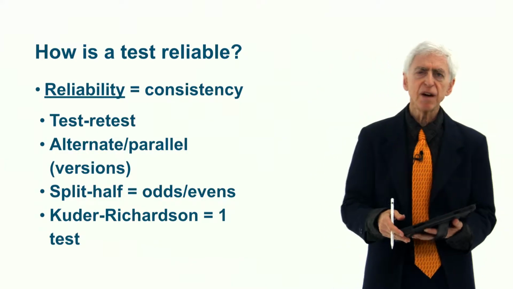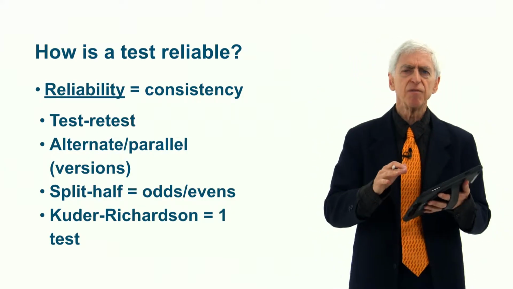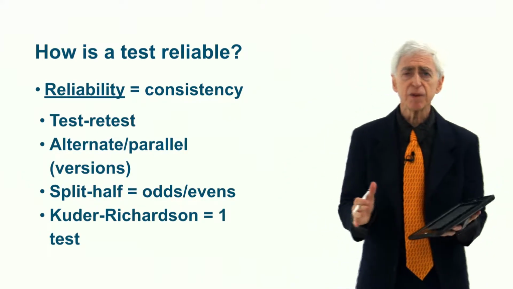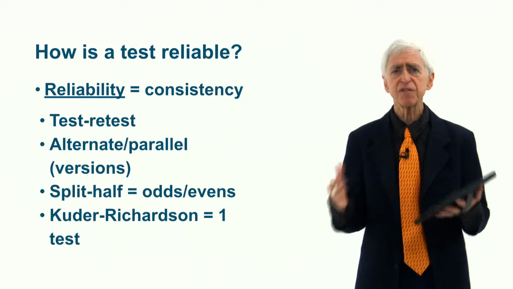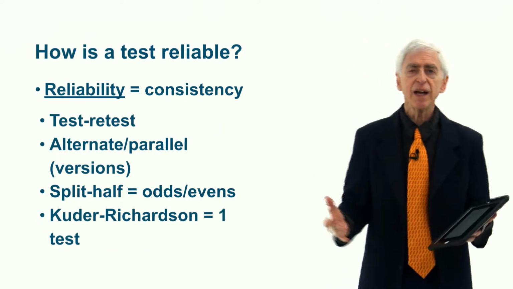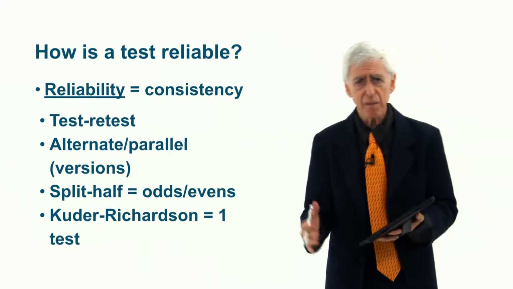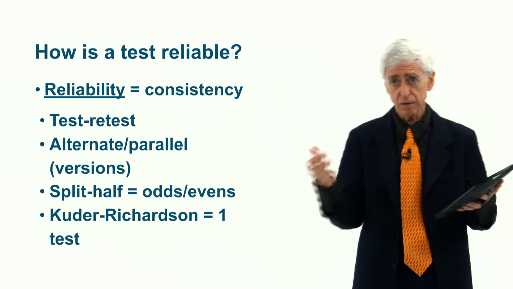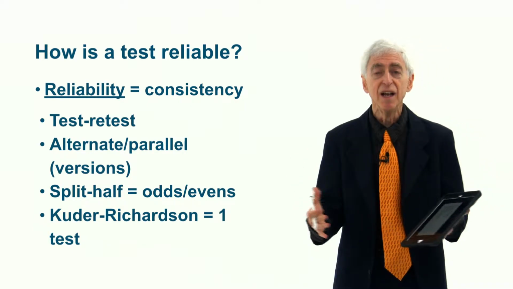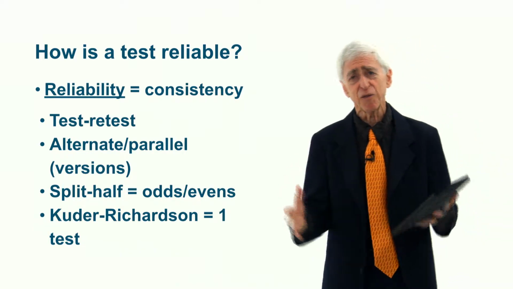Or in some very unusual cases, you have perhaps no way to give them alternate versions. You have to only give one test, and then you go find a statistical formula that will let you check reliability anyway, like the famous, or not so famous, Kuder-Richardson reliability statistical formula.